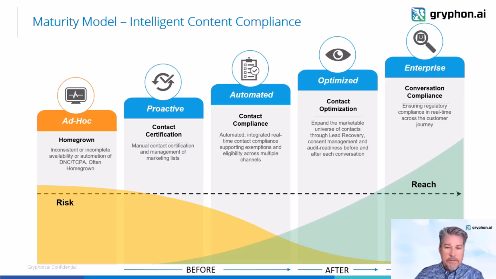Moving up the maturity curve, the next stage typically is around manual contact certification, where users can check contact records before they make a call or send a marketing campaign. This step allows customers to be proactive, but typically in a very manual way, typically starting with the line of business as well. As the service level matures, intelligent contact compliance needs to be scalable.